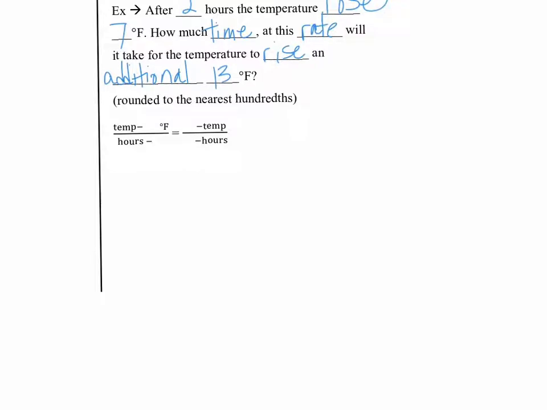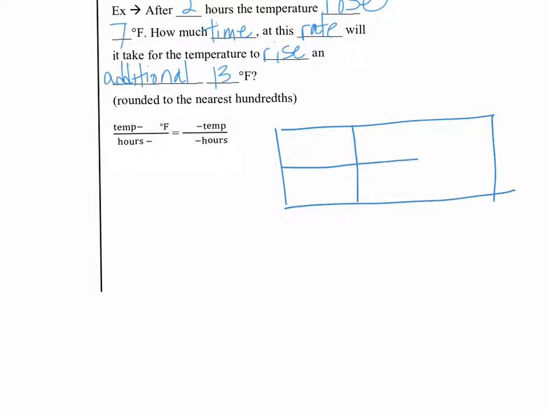We're going to set this up in a small chart. The temperature over the hours. The temperature rose 7 degrees in 2 hours.